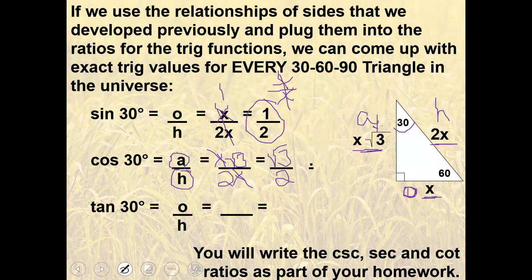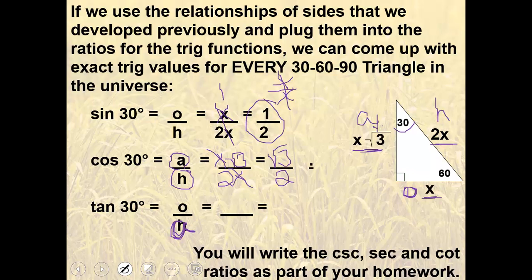Right? The tangent of a 30-degree angle is the side opposite over the side adjacent. This should be not an H, but it should be an A. My bad. I think I fixed it on yours.